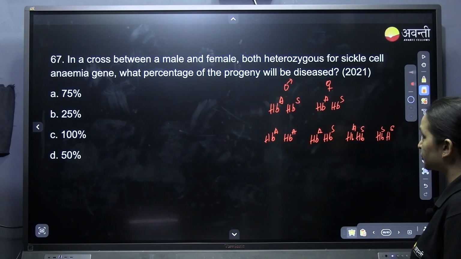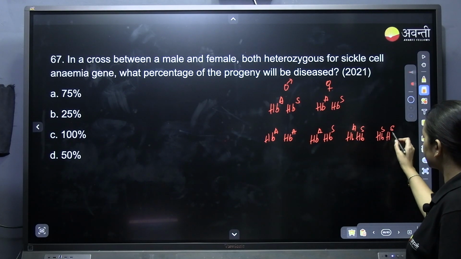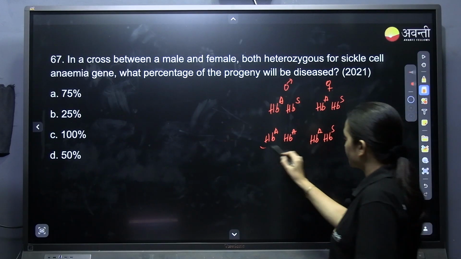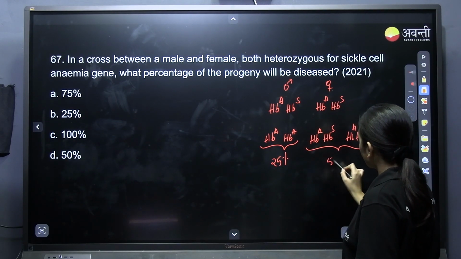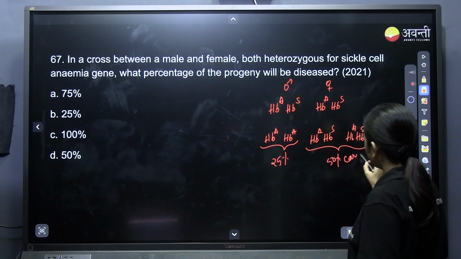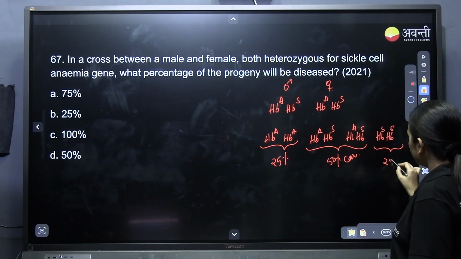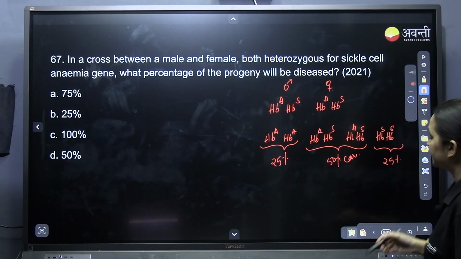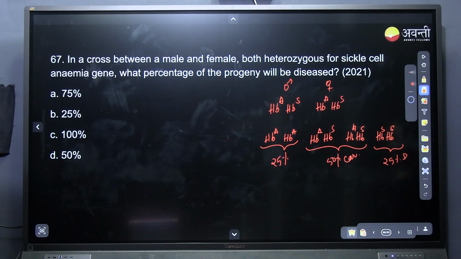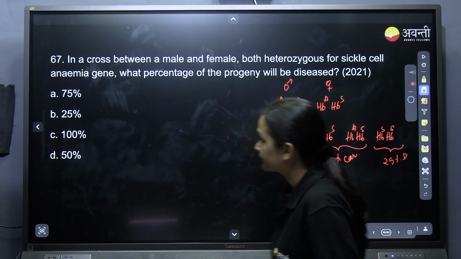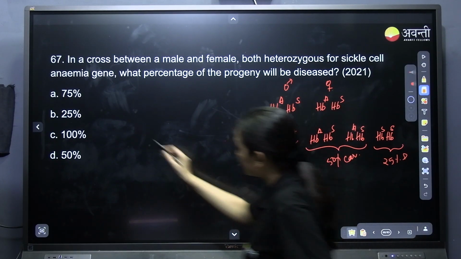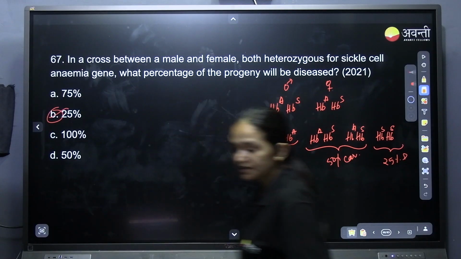What percentage of progeny will be diseased? 25% will be completely normal, 50% will be carrier, and 25% will be diseased, sickle cell anemic. Yes? B4 Bombay is the correct answer. Understanding?